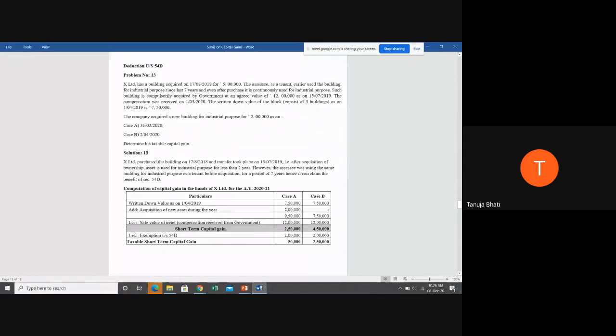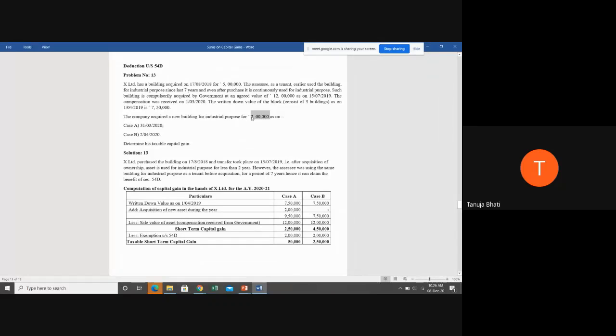Now less exemption under section 54D. What is the exemption deduction they are going to get? Amount that you're investing in the new building or short-term capital gain, whichever is lower. Now what is short-term capital gain? 2,50,000. And the amount that you're investing in a new building for industrial purposes, 2 lakh rupees.